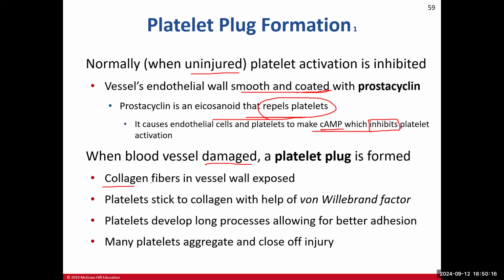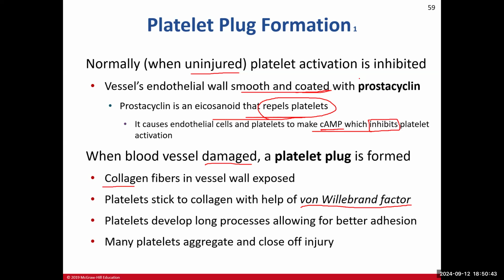And so those collagen fibers are going to release this stuff called von Willebrand factor. And essentially, what did I say about chemotaxis? Remember, it's that chemical attraction to let cells know what's going on? This von Willebrand factor will let the platelets know, hey, something's going on over here, so the platelets will float on over.